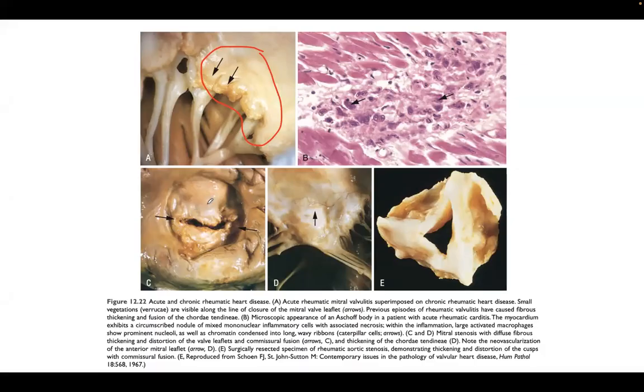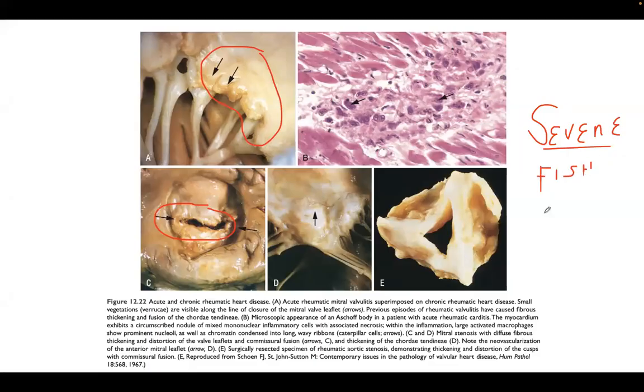If you notice, there is severe stenosis. What is the description of the mitral valve when there is severe mitral valve stenosis? Very good. It's the fish mouth orifice.